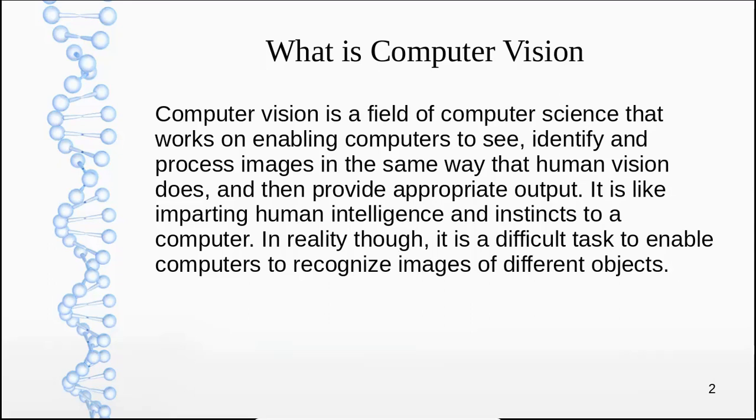The way a computer looks at those images is quite different from ours, and the processing is obviously different as well. It's like imparting human intelligence and instincts to a computer. In reality, it is a difficult task to enable computers to recognize images of different objects, so a little combination of AI is being used here in computer vision.